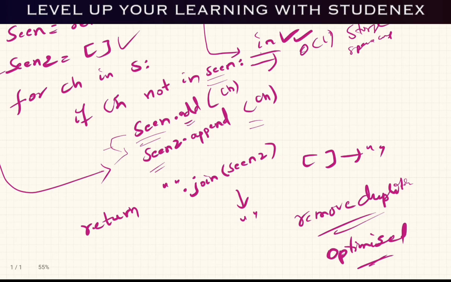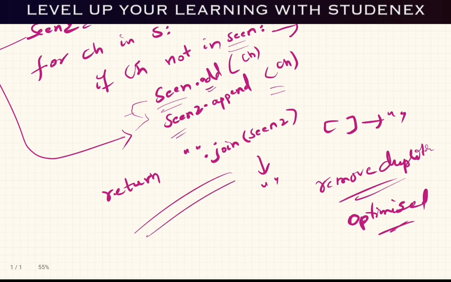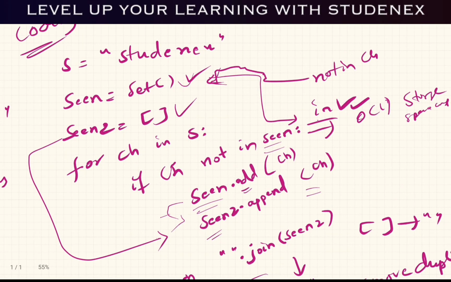We removed all duplicates and created a new array of non-duplicate items, which I convert to a string. This is how we can do that. It's a very basic question and a must-solve for both interviews and online assessments. Solve this question, and we'll go to the next question.